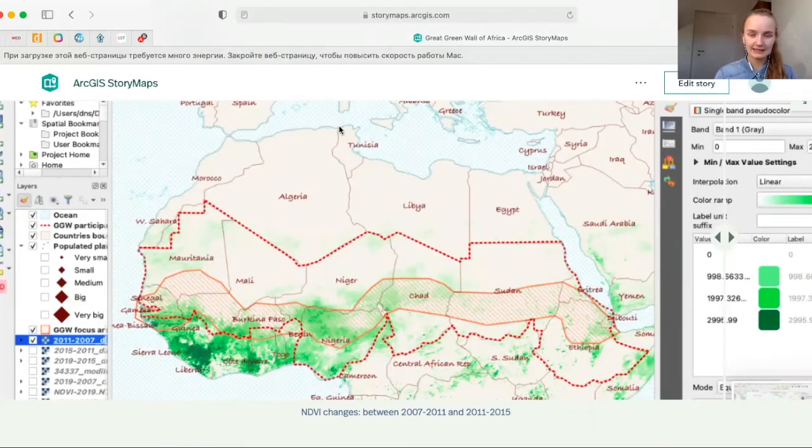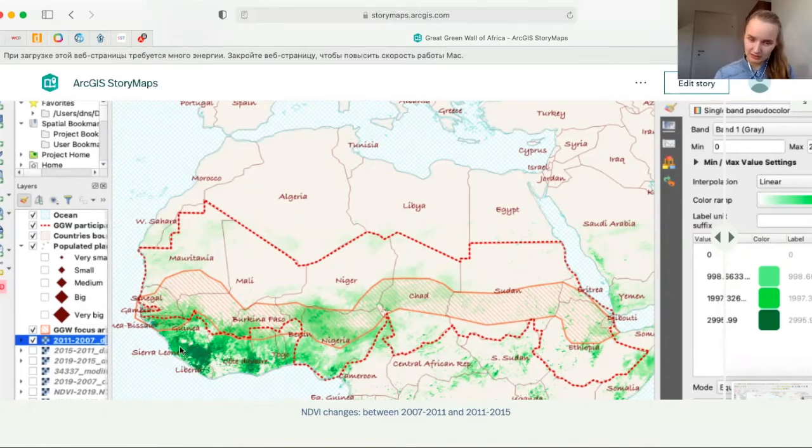I added some country names and changed the stylization, so now we can see the results in the best way. Red dots and borders show the participants. The yellow one is the focus area of the project, and the green one, I changed the color ramp of NDVI changes.